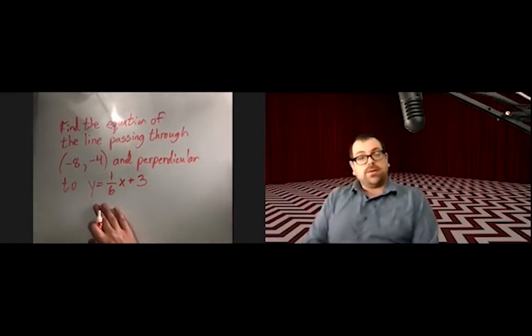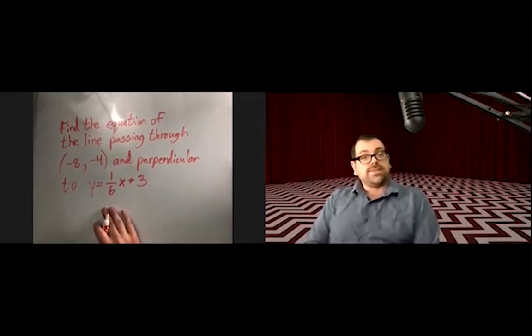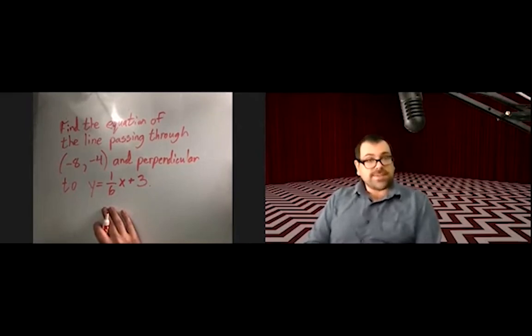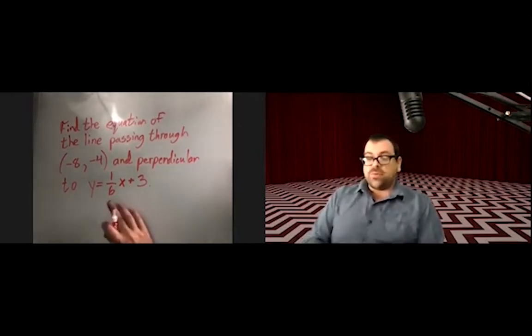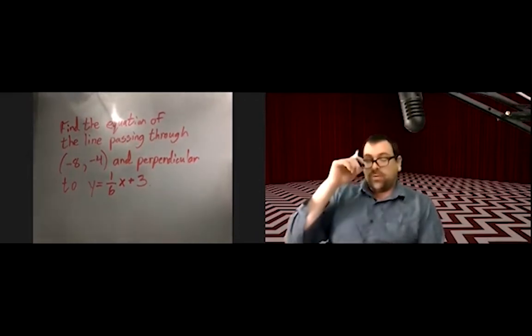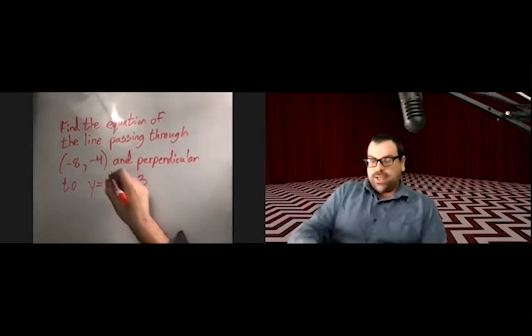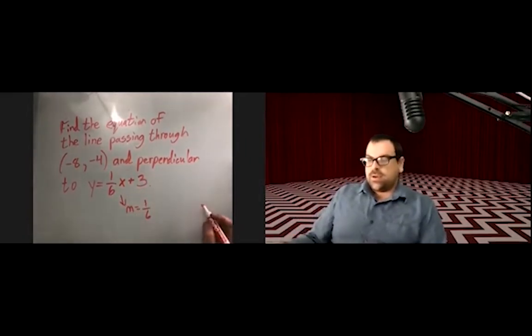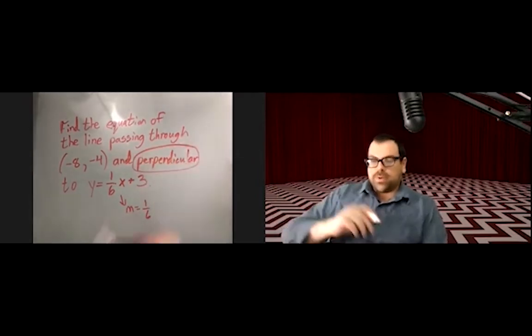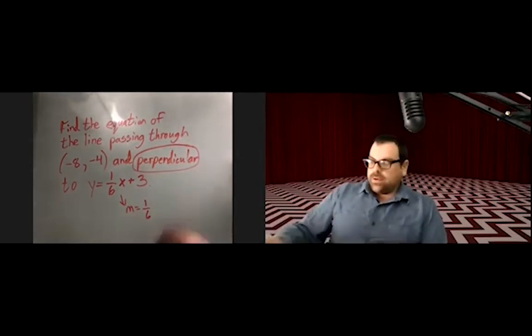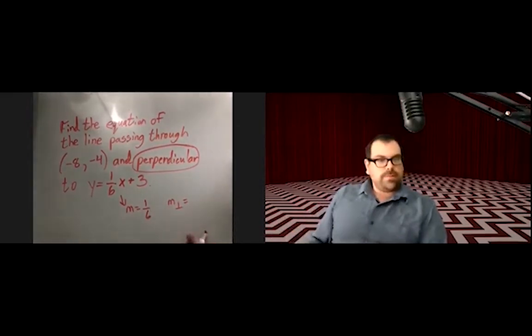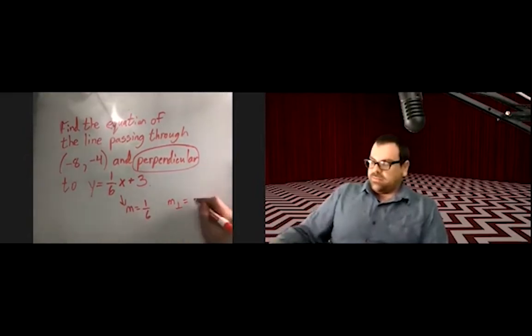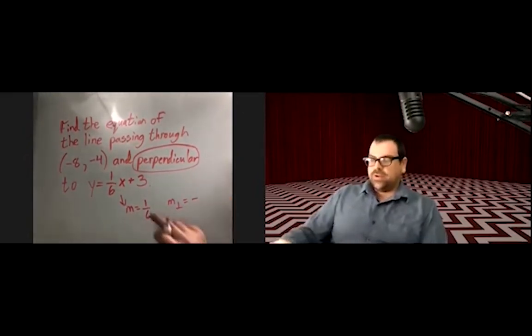Well, luckily here, we don't have to solve it for y to put it in slope intercept form to find the slope. This one is given to us in slope intercept form. So we can see here, there is a slope of 1/6. We want perpendicular to that. So what would be the perpendicular slope? Opposite, so instead of positive, negative.